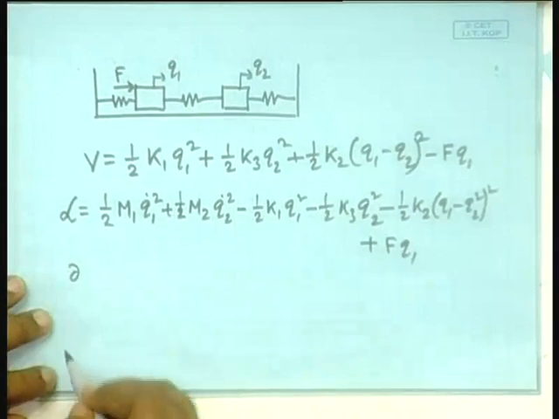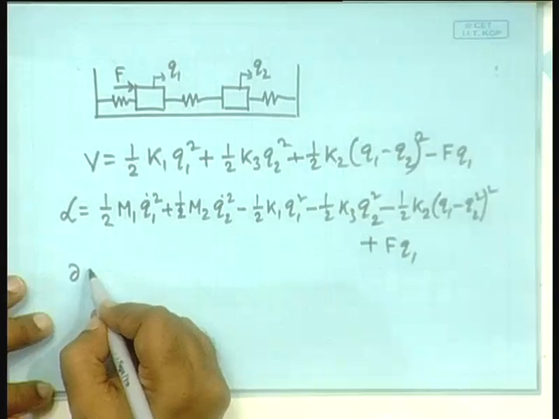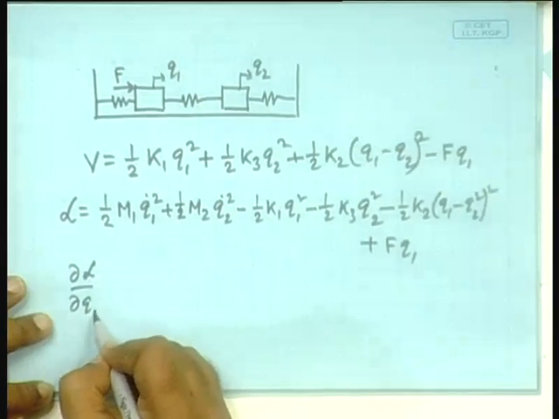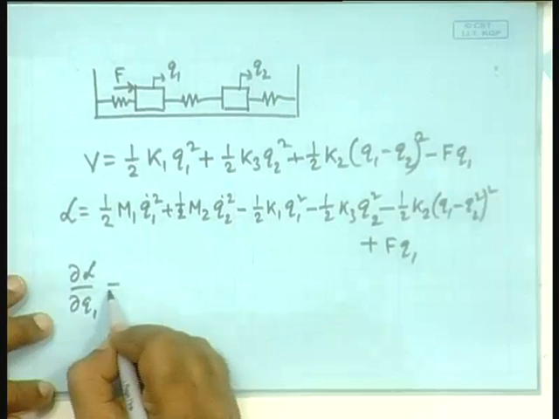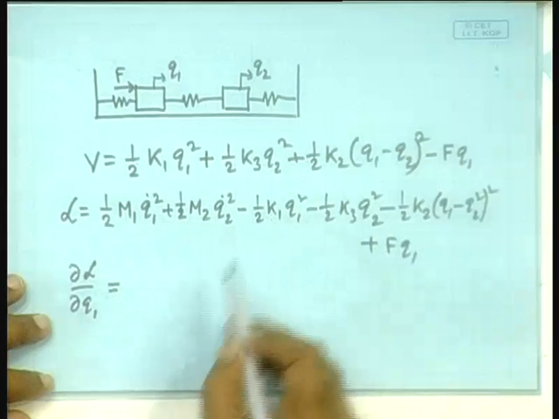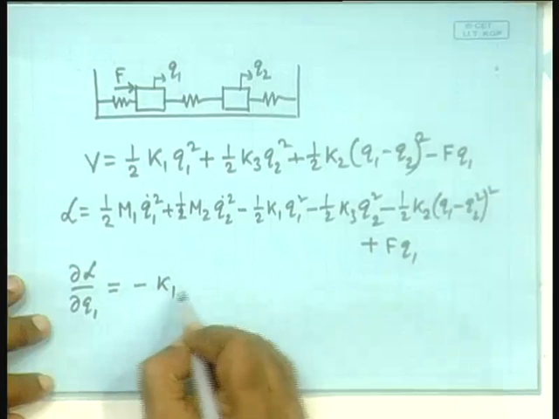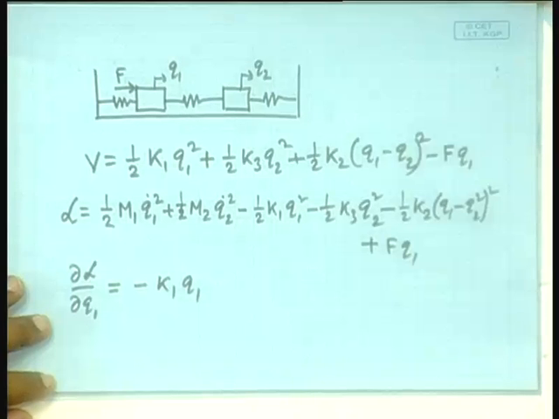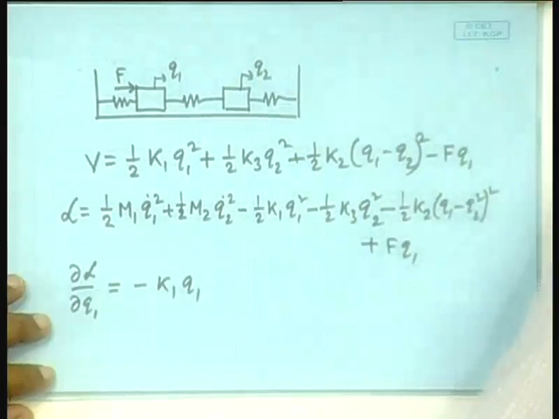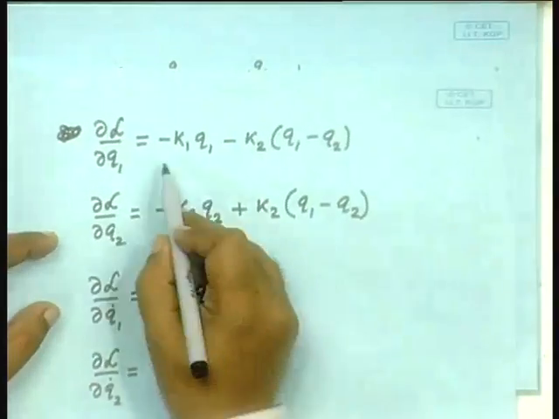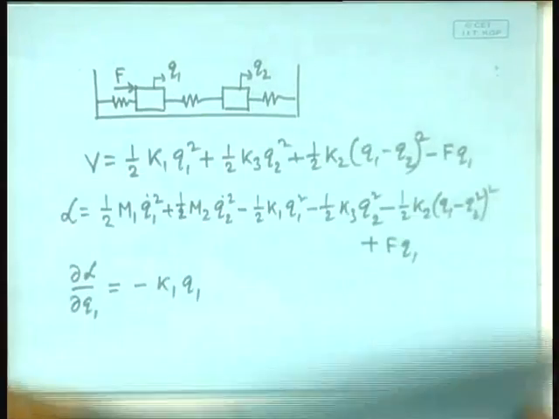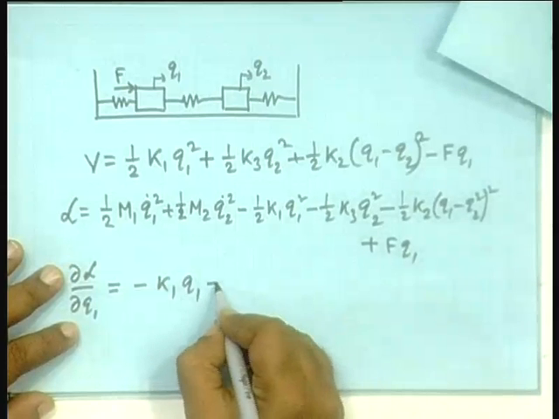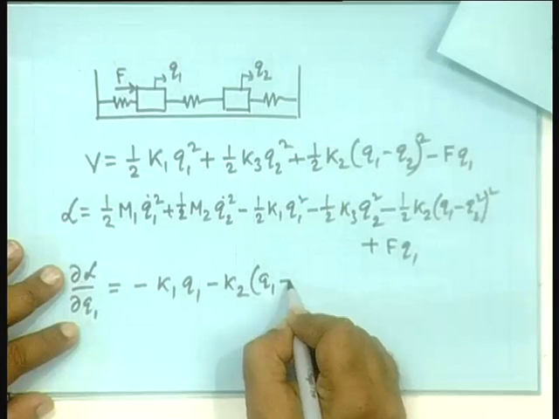Now, when we differentiate the Lagrangian with respect to q1, what do you have now? Here minus k1 q1, and here what was it earlier? Let me just refer to that. Earlier it was this, minus k2 (q1 minus q2).